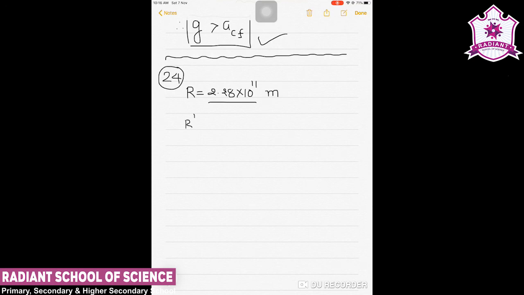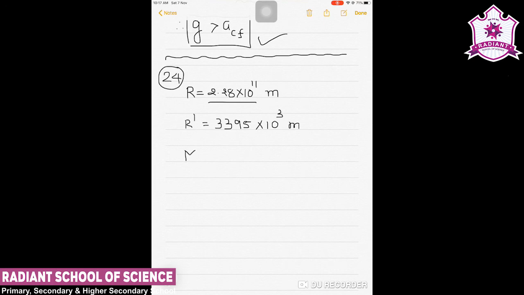while r dash is the radius of Mars, that is 3395 into 10 raised to 3 meters.